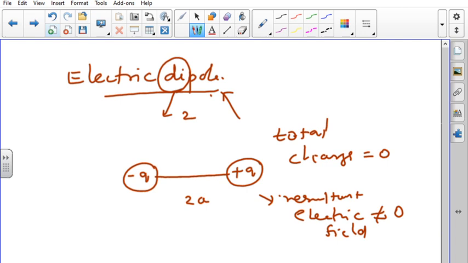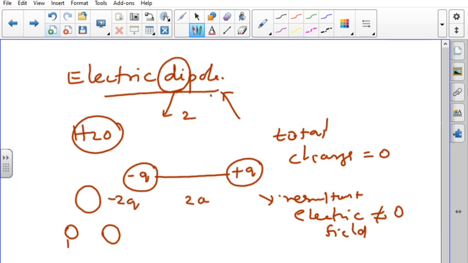Now we may ask a question. What examples can we give? Water molecule is an example of an electric dipole. In the water molecule, oxygen is present and there are two hydrogen atoms. Oxygen is represented as minus 2q and hydrogen as plus q. So they are separated.